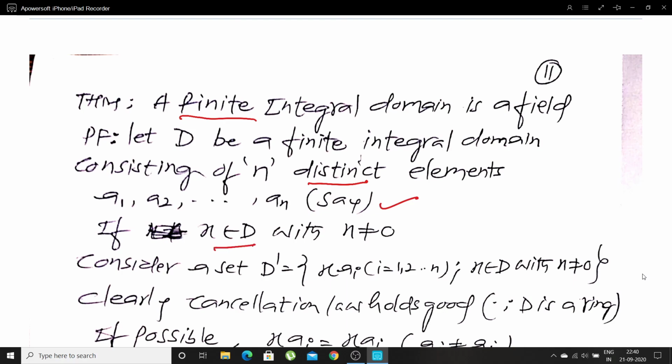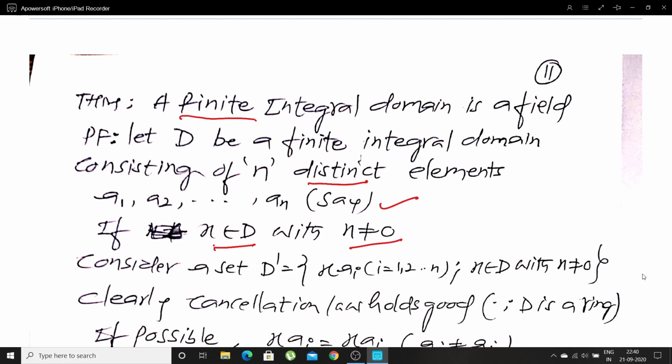If x is a member of a finite integral domain D with the condition x not equal to 0, to verify the definition of field, we need the product of two elements. I'll take the product x dot ai. I may take 1, or 2, or 3, or n.